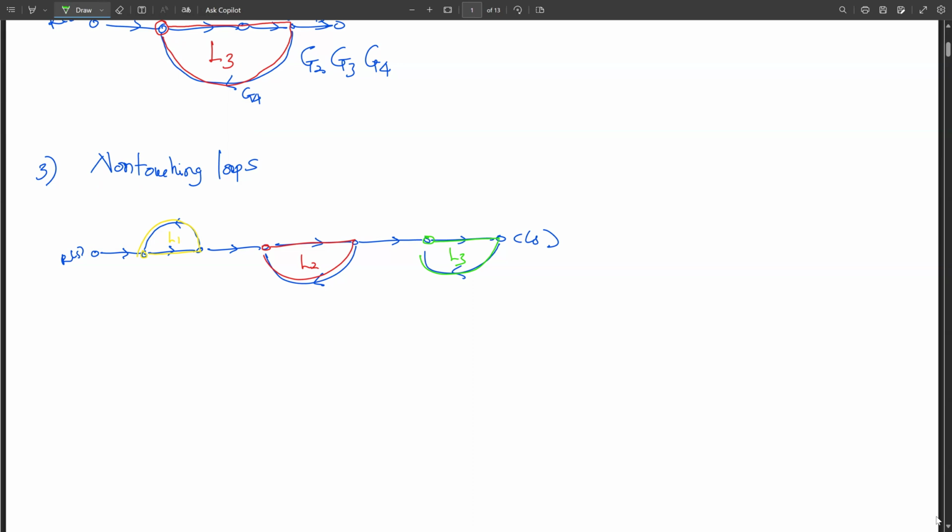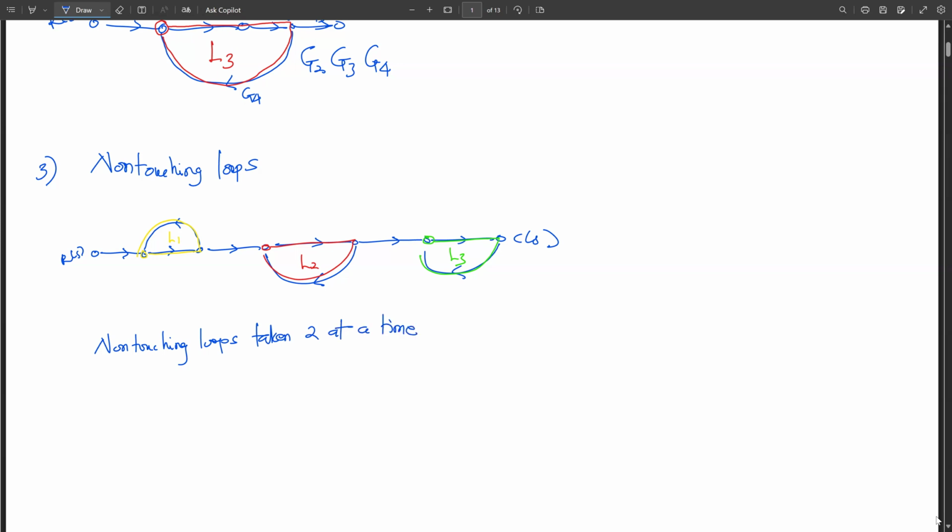So it's like we are trying to take individual loops that don't touch each other. So let's go to non-touching loops, taking two at a time.